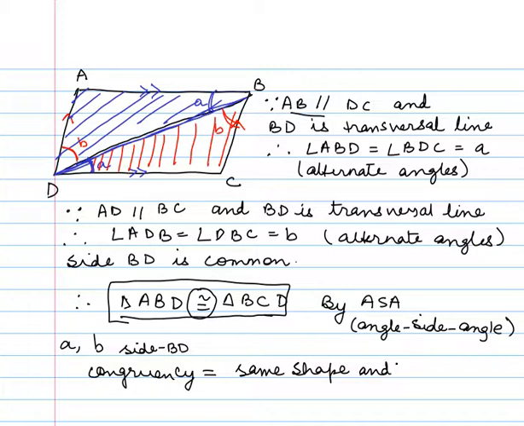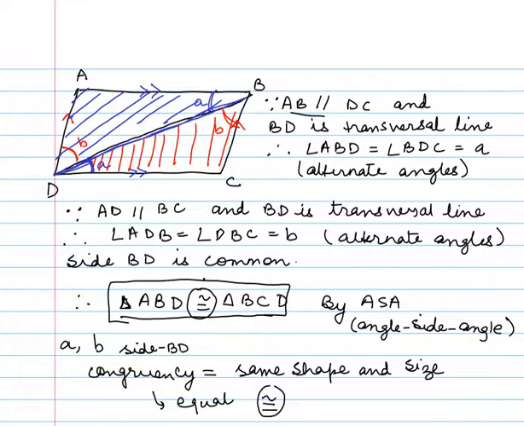Same shape and size means they are equal. Congruency, again we can say congruency means equal. The two triangles are also equal. They are congruent. In maths, we say they are congruent. The sign of congruency is an equal sign with a tilde sign at the top. So this sign is congruent. So triangle ABD is congruent to triangle BCD.